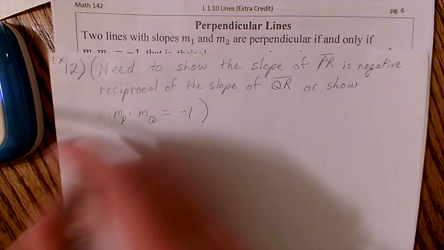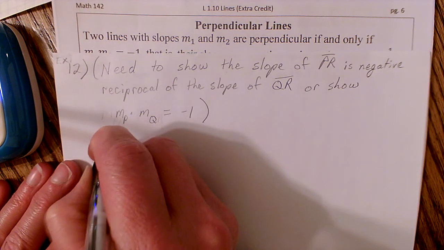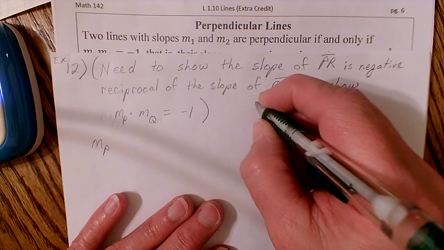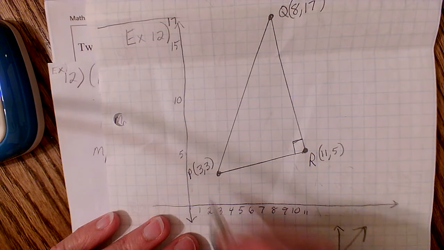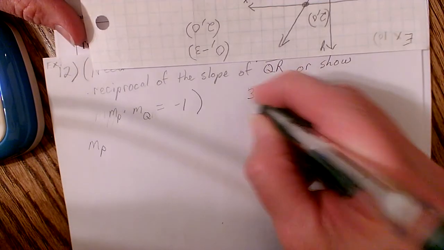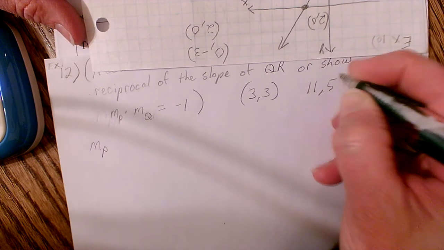So basically we need to start out by finding MP and MQ. So the slope where we had the point P, let's look back at our graph. We're going to use the points 3, 3 and 11, 5. So we'll have 3, 3 and we'll have 11, 5.